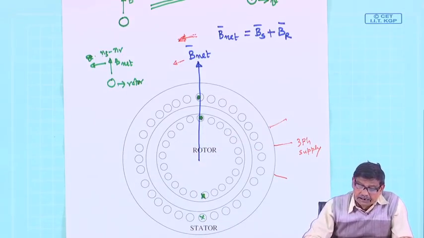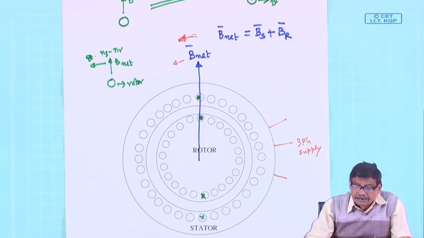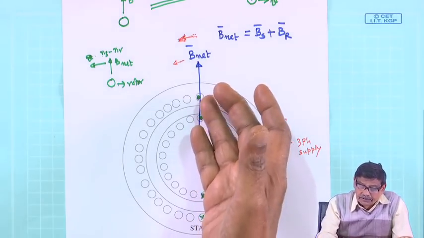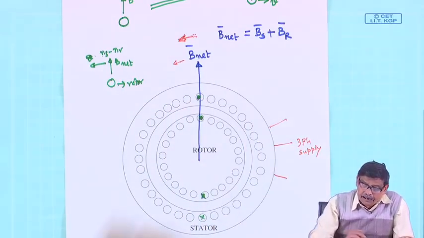The polarity I found out by applying right hand rule, but in an intelligent way. Here stator conductors are not moving, and I have explained that.